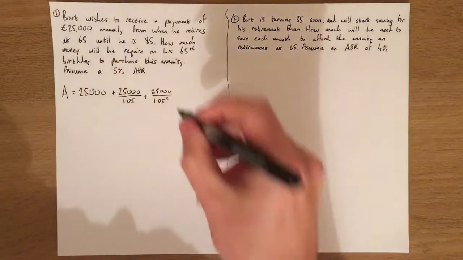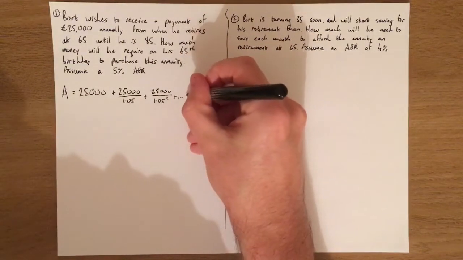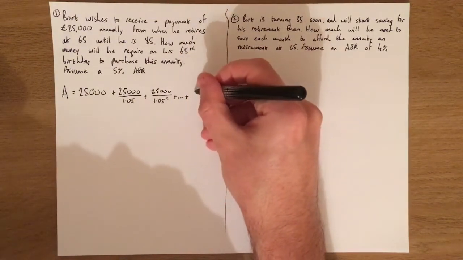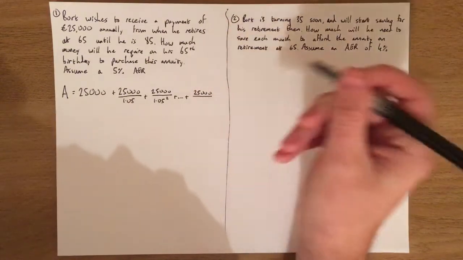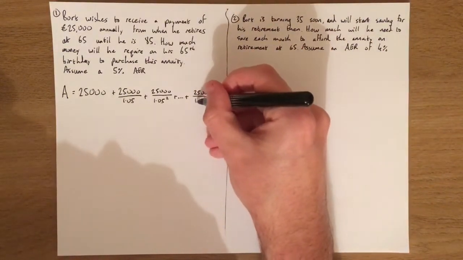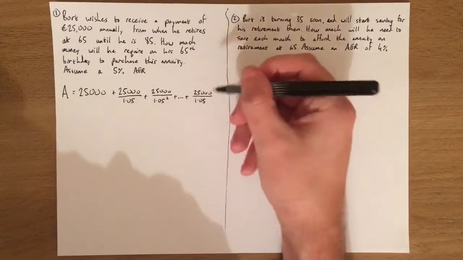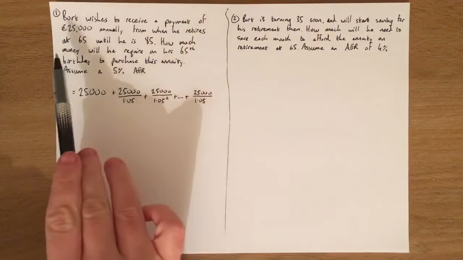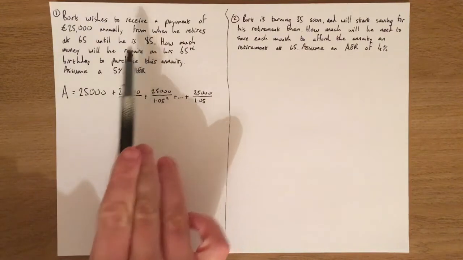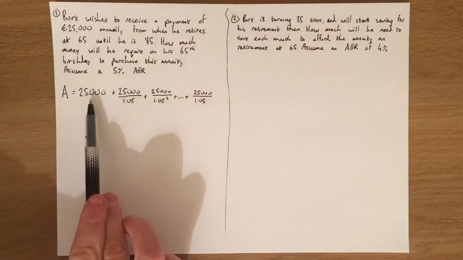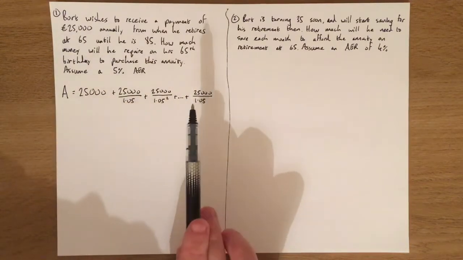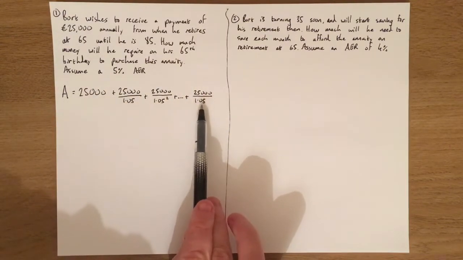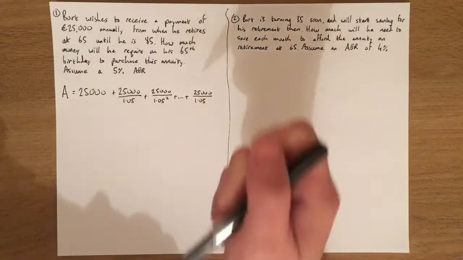Until when he is 85, he's going to receive another €25,000. And now that's in 20 years' time, but the first one isn't discounted at all because I'm receiving it straight away. So this one, because I'm receiving it at the start of the period, is only going to be discounted 19 times.